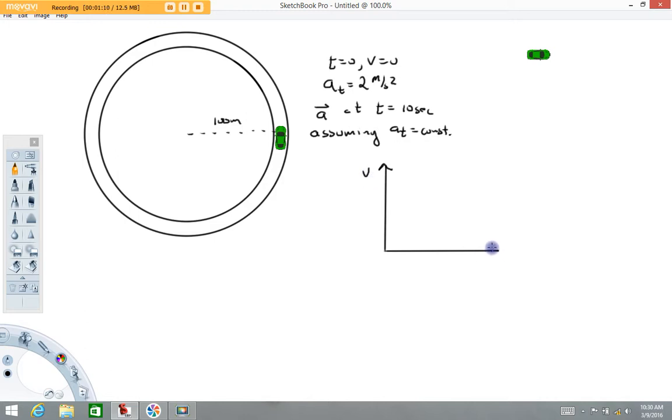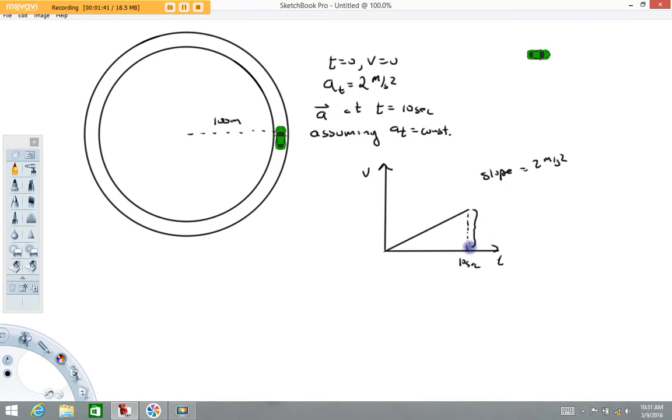If our tangential acceleration is constant, this is going to be a linear graph. It's going to look something like this. The slope of this line is the rate that the speed of the car is changing, and it's going to equal 2 meters per second squared. Now, 10 seconds later, that's going to put us here.